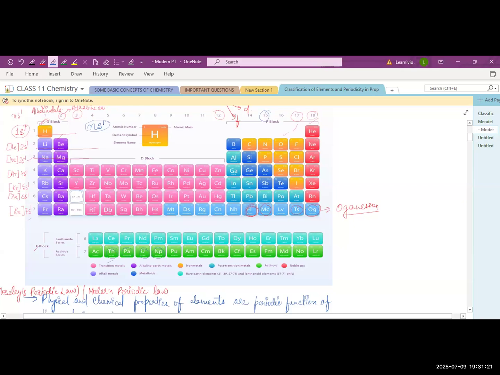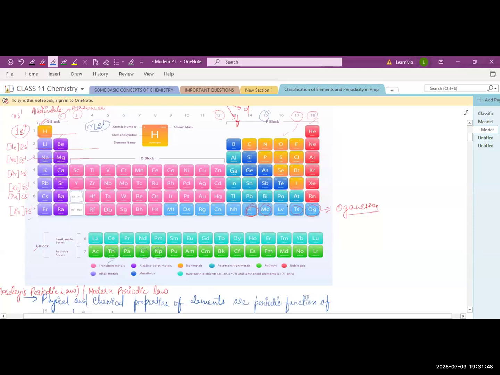There are 6 metalloids. This orange color shows the non-metals: carbon, nitrogen, phosphorus, oxygen, sulfur, etc. And these are your noble gases: helium, neon, argon, krypton, xenon, radon.